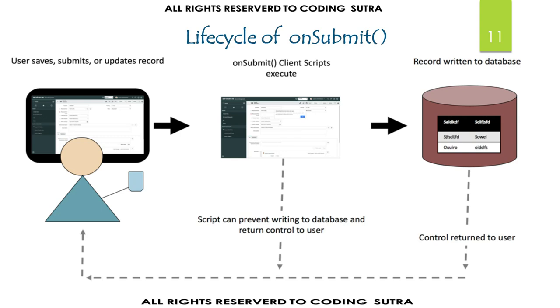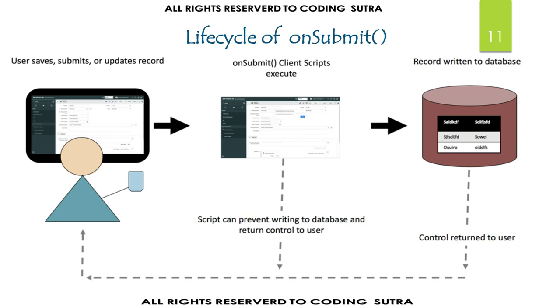For example, there is a requirement that age should be greater than 18. If the user enters an age of 17 and clicks on submit, with the help of onSubmit client scripts we can prevent writing this age to the database as per our requirement and return control to the user.